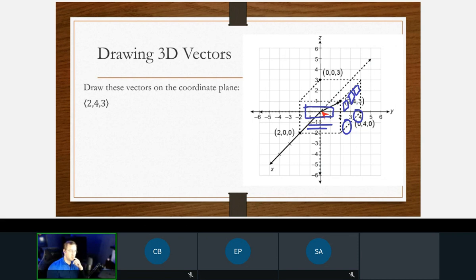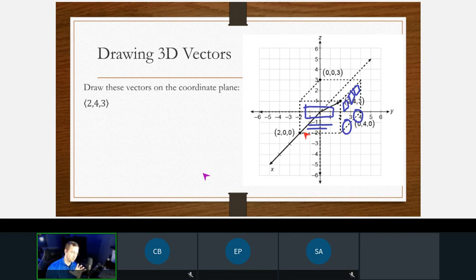So 3D on a 2D surface is hard for a lot of people. So don't feel bad. But yeah, so this is the x-axis, and this is towards the front. This is towards the back. And then for the y-axis, we're so used to having y being up and down, but on this, your y-axis is actually now the horizontal line.